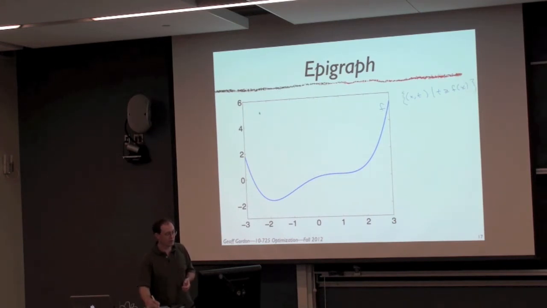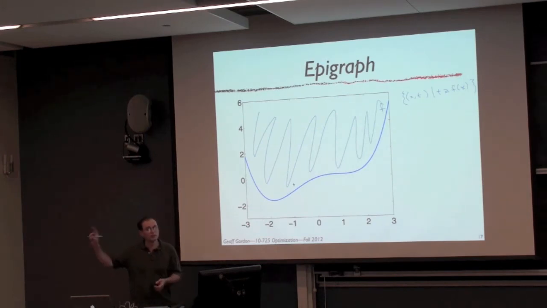So here, the epigraph of this function is just all of this area inside this nice upside down camel hump sort of curve. So it's a pretty simple definition.